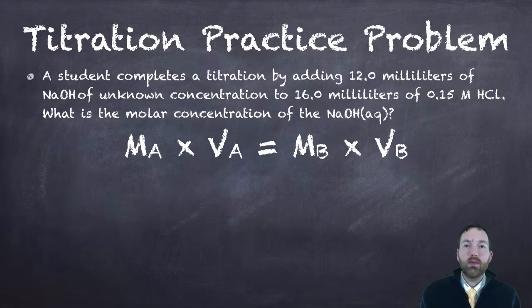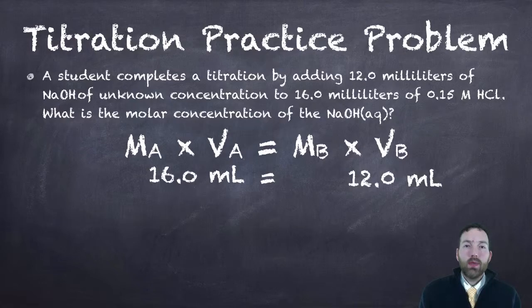Let's plug in some of the values that they've given us here. They told us in the problem that we're adding 12 milliliters of NaOH. NaOH is a base. It's a metal in a hydroxide, a metallic hydroxide. So that's our base. They also tell us that we have 16 milliliters of 0.15 molar acid.